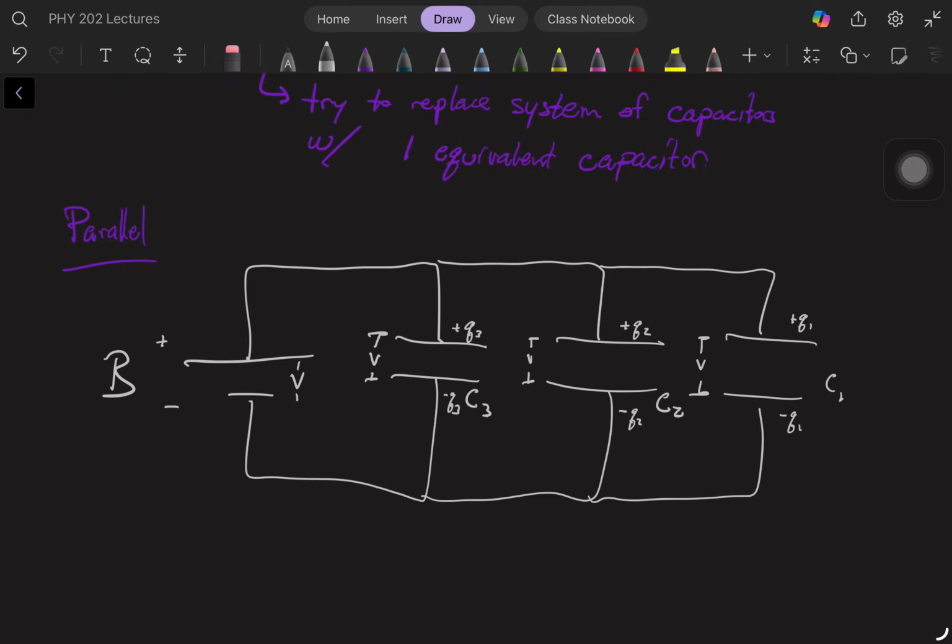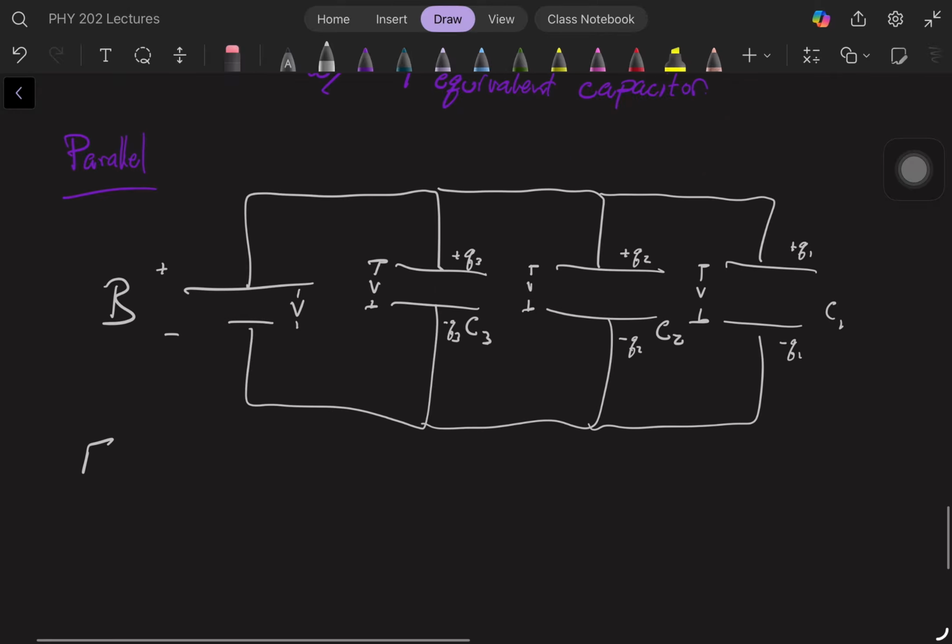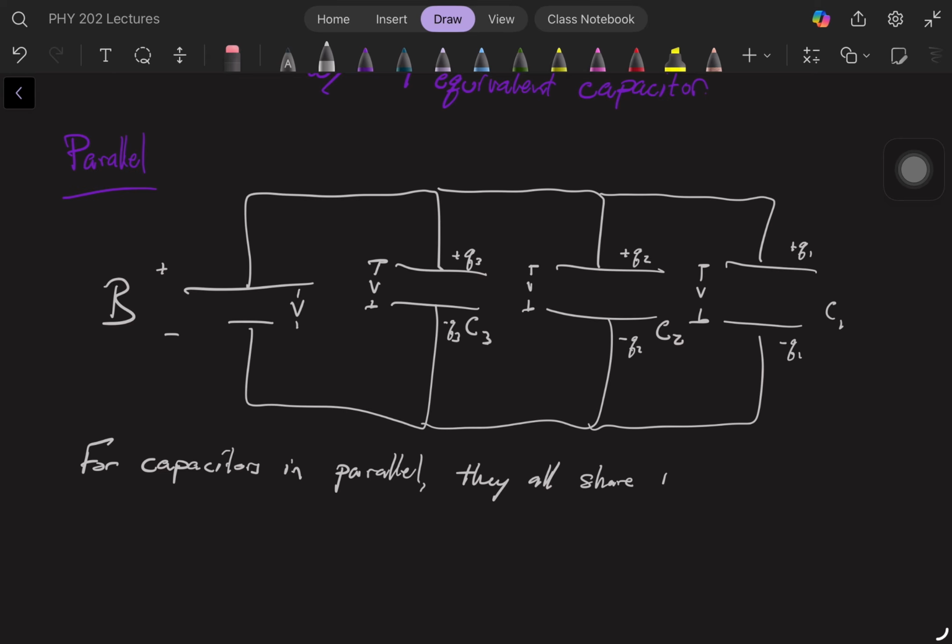And so we get for capacitors in parallel, they all share potential differences. All right, and that's just a rule that we're going to have.